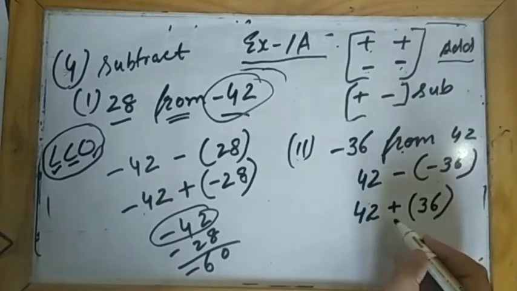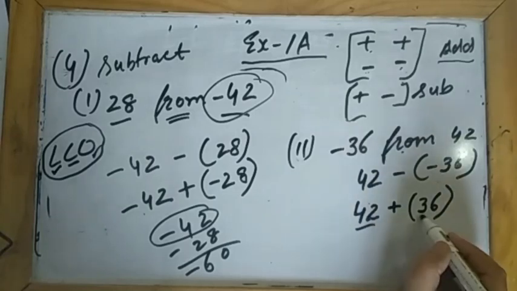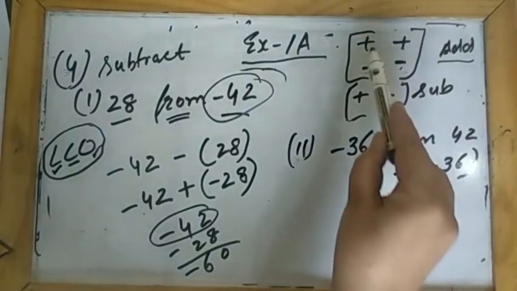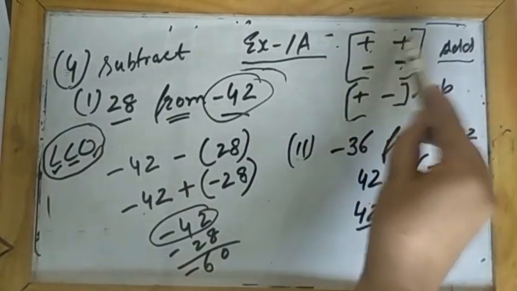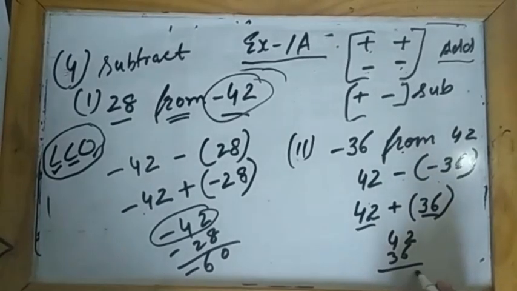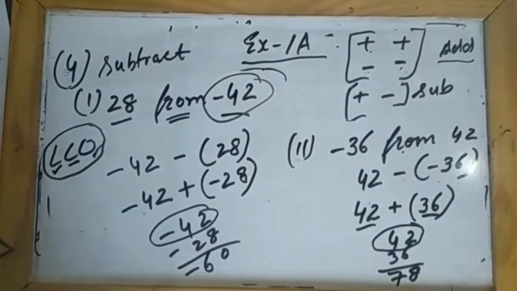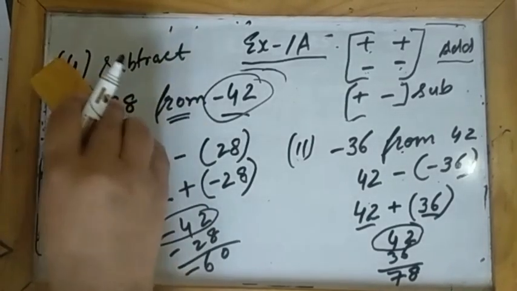So now I have to add two positive numbers. 42 also is positive, 36 also is positive, and the rule says when you have to add two positive numbers, you have to add them, and the sign always is of the bigger integer, so it will be positive 78.